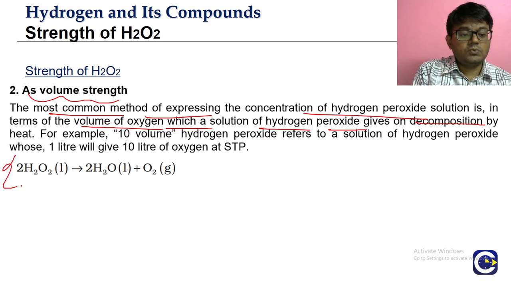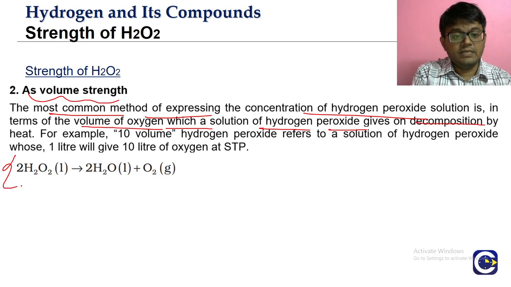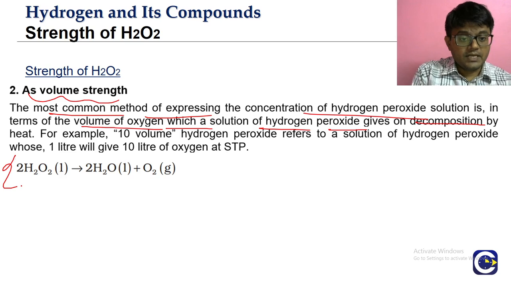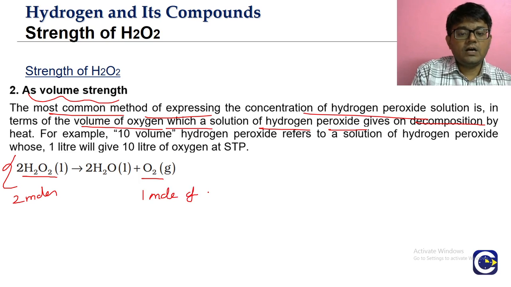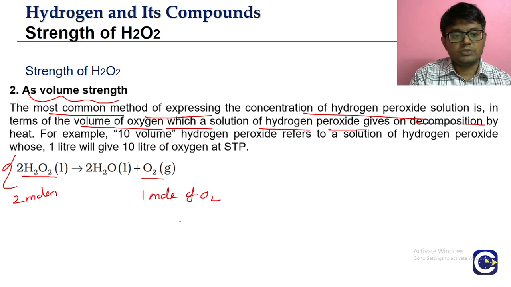We know that H2O2 as such is unstable. Even by mere heating it will decompose. Look at this reaction: 2 moles of H2O2 on complete decomposition will give 1 mole of oxygen gas.